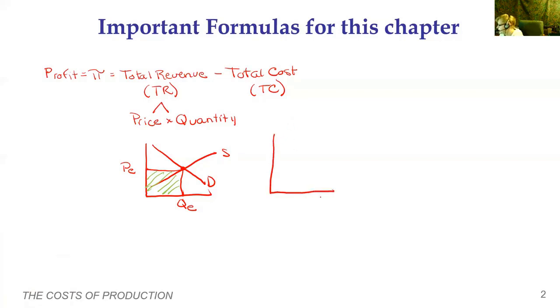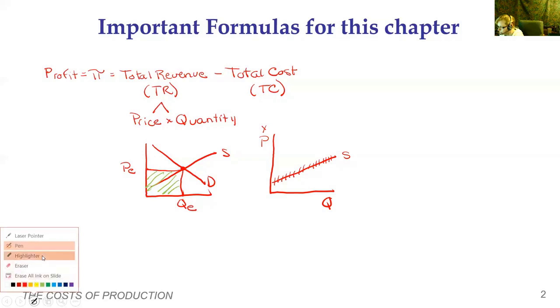Now we've also looked at the idea of total cost, and we said total cost is related, I think is the best way to put it, to the supply curve. So if we have quantity and price, this is the supply curve, and it's made up of a bunch of producers. Remember that those producers toward the y-axis, right in here, tend to have lower costs than these producers, which are farther upward on the supply curve.